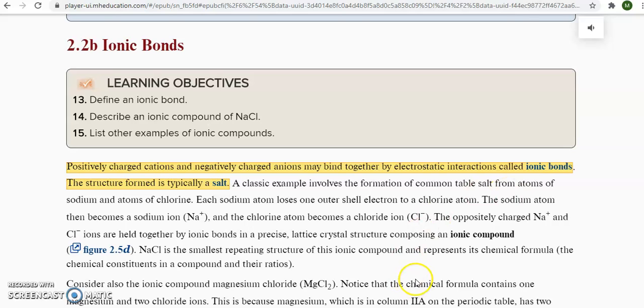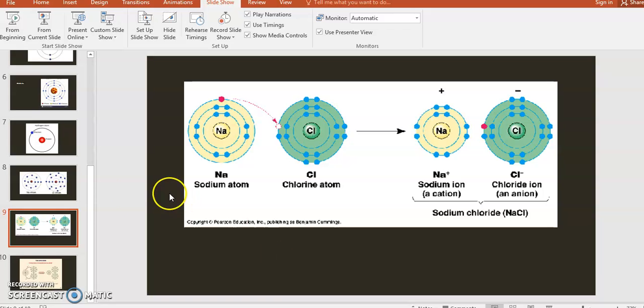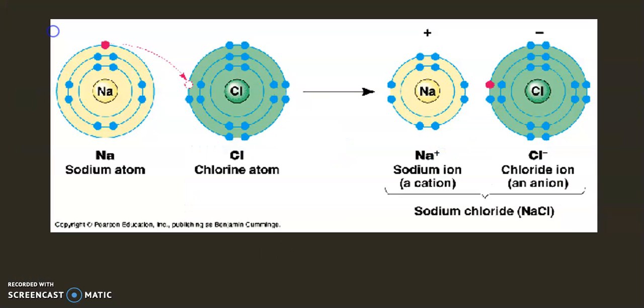And I'm going to go to our PowerPoint here. Remember we talked about sodium and chloride when we talked about ions. Those were the ones that we used as an example. Sodium becomes an ion with a positive charge because it only has one electron in its outer electron shell.